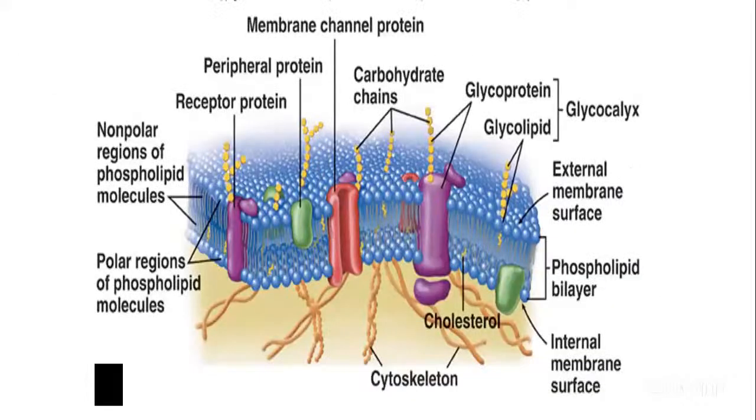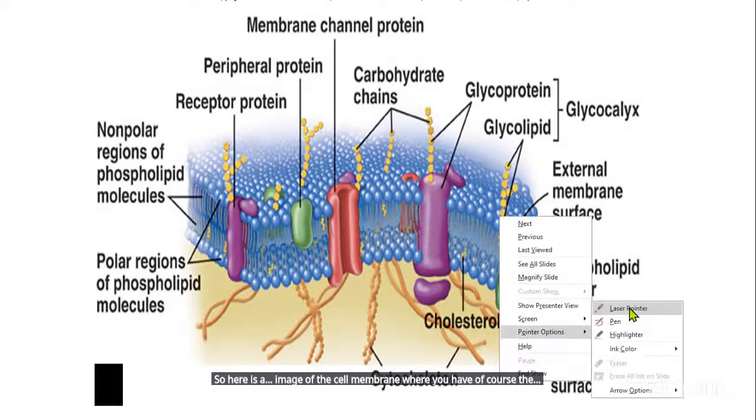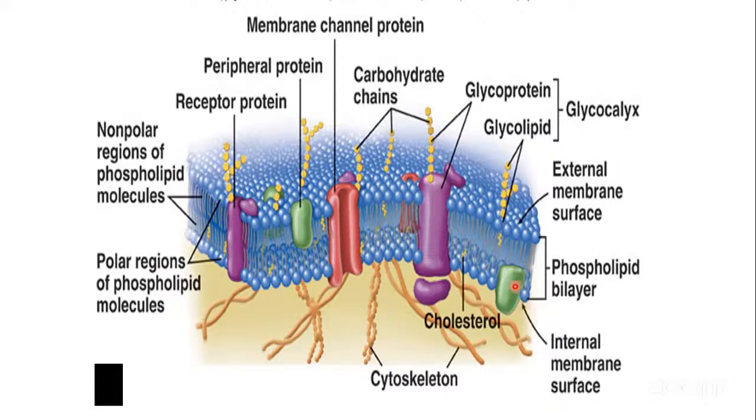So here is an image of the cell membrane where you have the different types of proteins, and also carbohydrate chains attached to proteins.